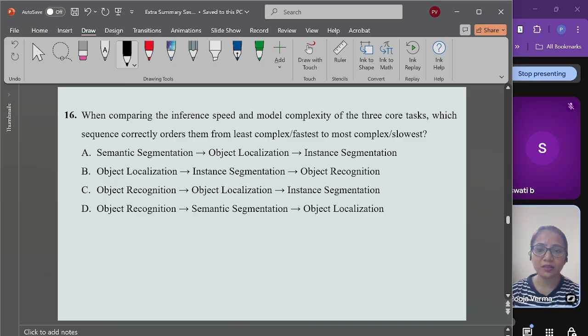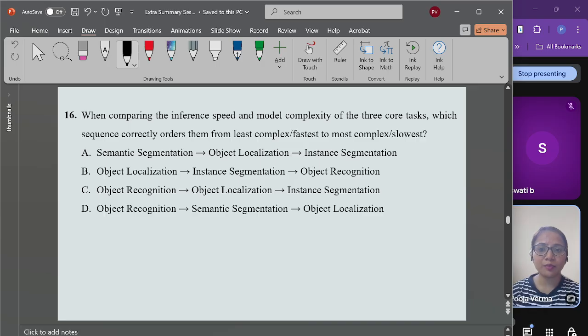Option A, semantic segmentation, object localization, and instance segmentation. Option B, object localization, instance segmentation, object recognition. Option C, object recognition, object localization, instance segmentation. Or option D, object recognition, semantic segmentation, and object localization.